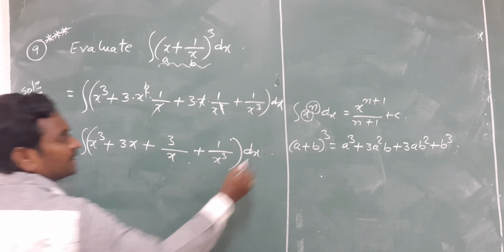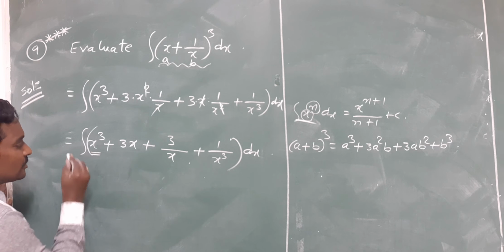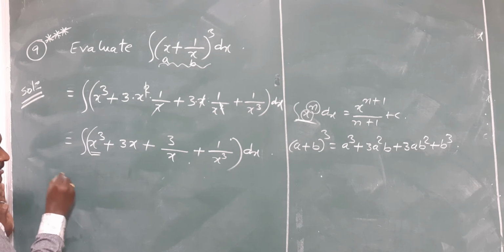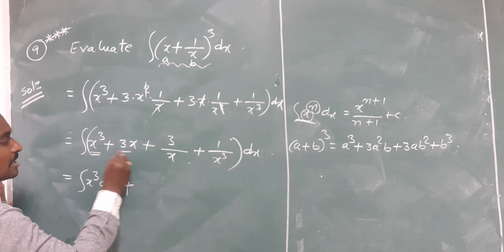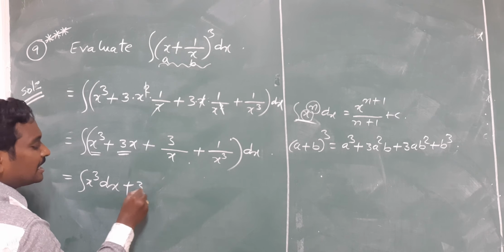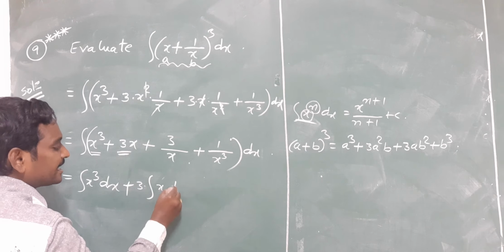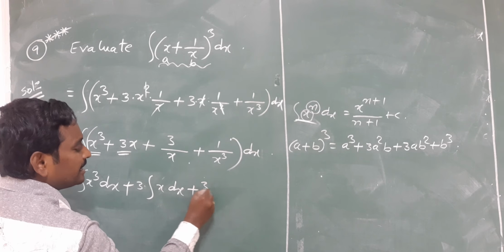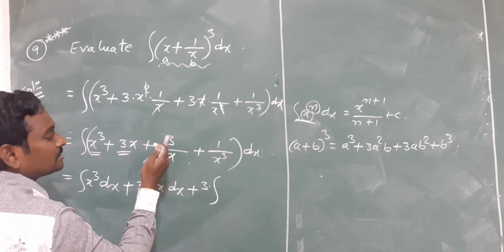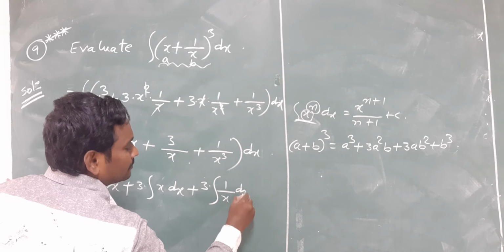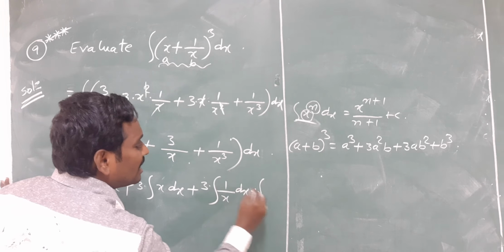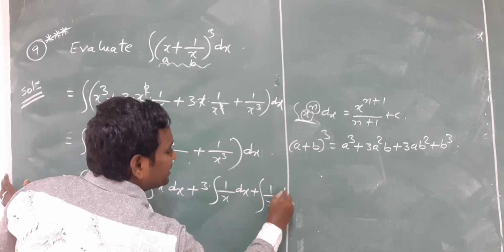Now we are able to apply this formula. What is the integral of x cube? First separate the terms. Integral x cube dx, plus 3 is the constant term, take it outside the integral, 3 into integral x dx, plus 3 is the constant, take it outside the integration, 1 by x dx, plus finally integral 1 by x cube dx.